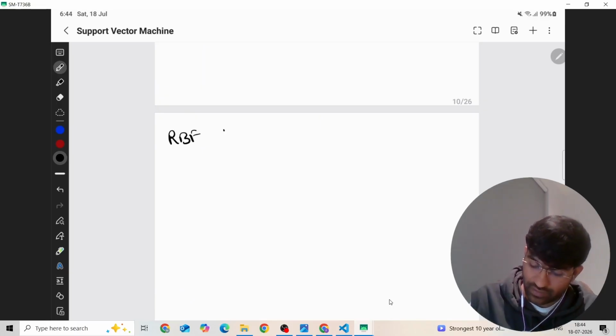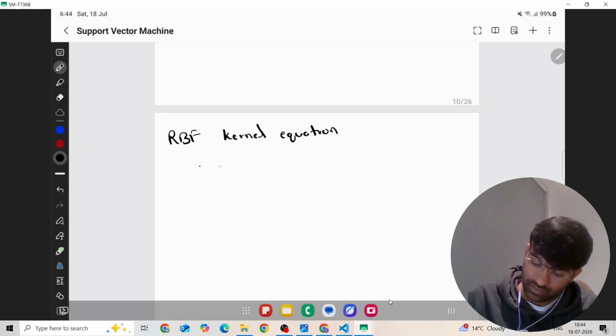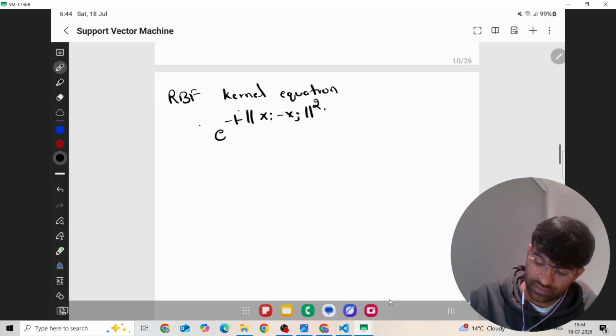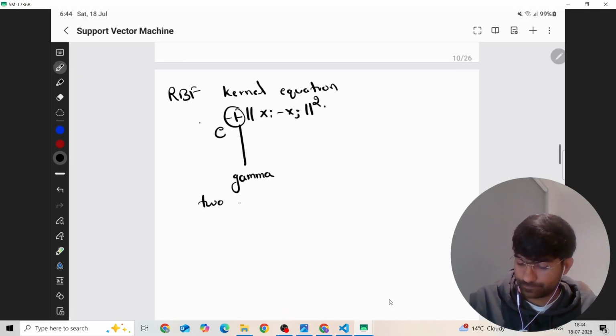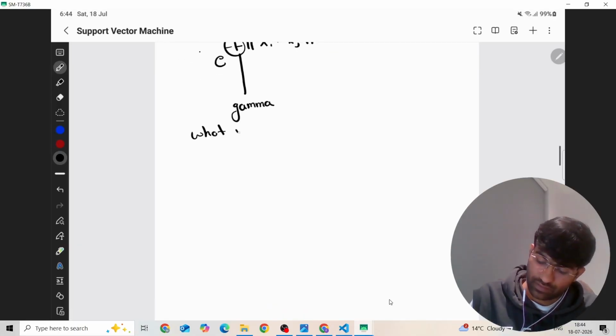The RBF kernel equation is the exponential of minus gamma times the absolute value of xi minus xj squared. This is gamma. And there are two ways. First, what is gamma?